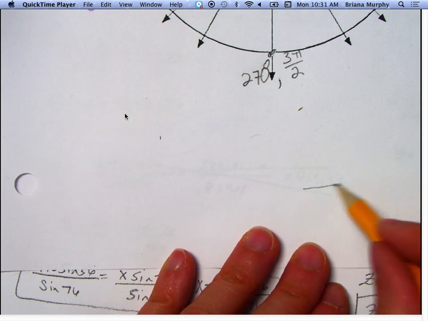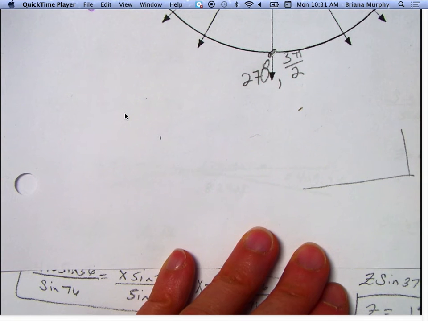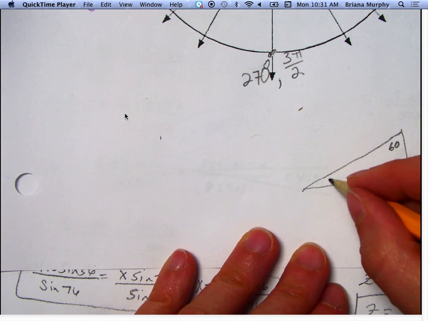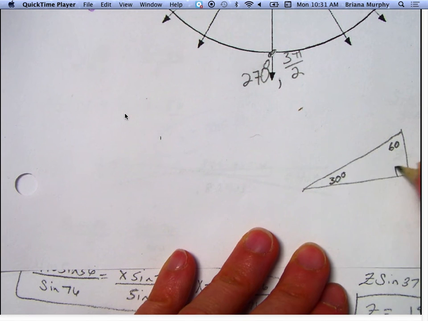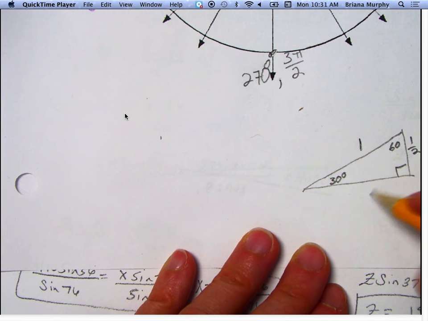A 30, 60, 90 triangle. The hypotenuse is still 1, but across from 30 is 1/2. Across from 60 is square root 3 over 2.